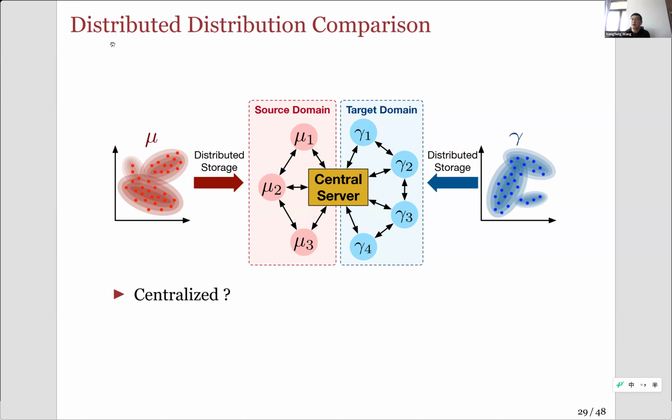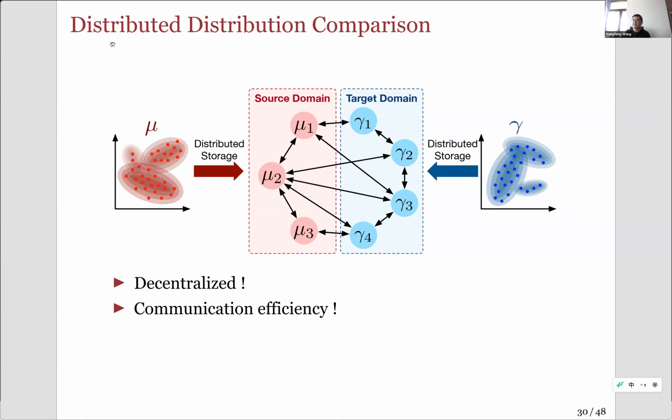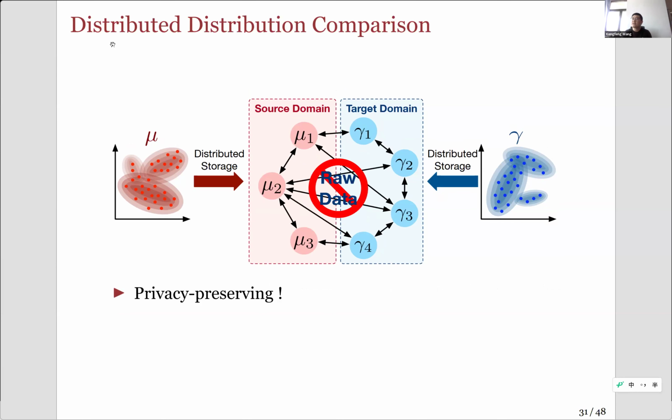Trying to compute the optimal transport in these scenarios by first gathering all data on a central server is often infeasible due to, for example, communication bottlenecks. Transferring huge datasets is slow and costly. And also the storage limitation is still an issue.